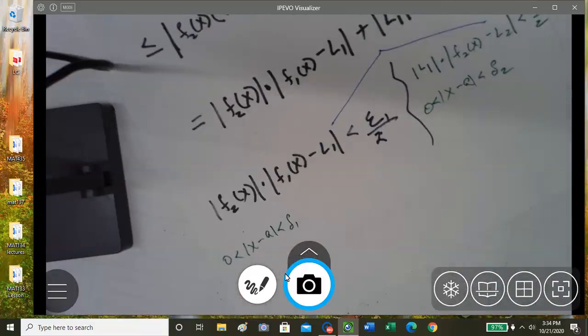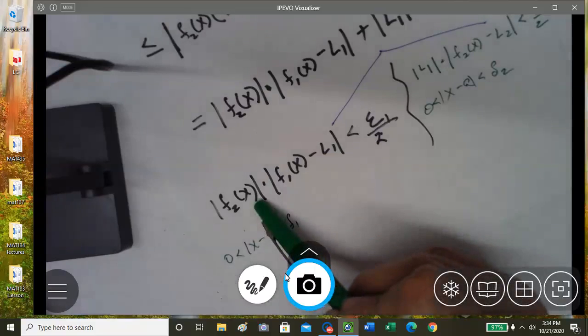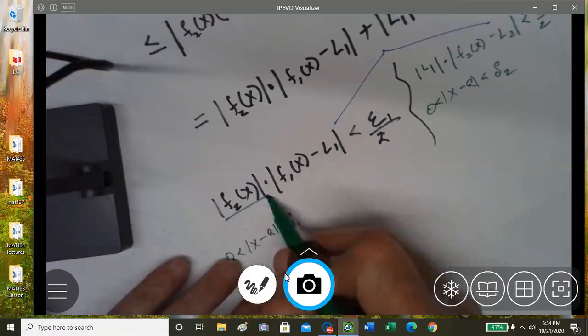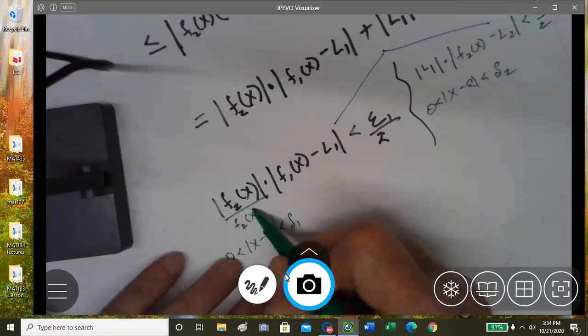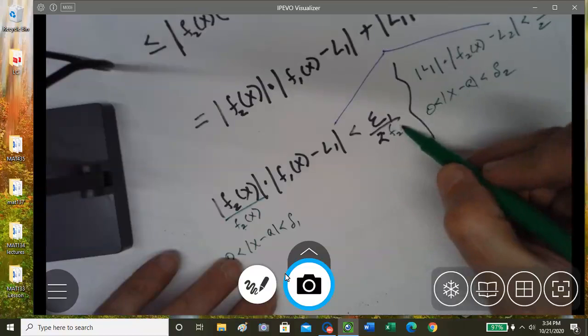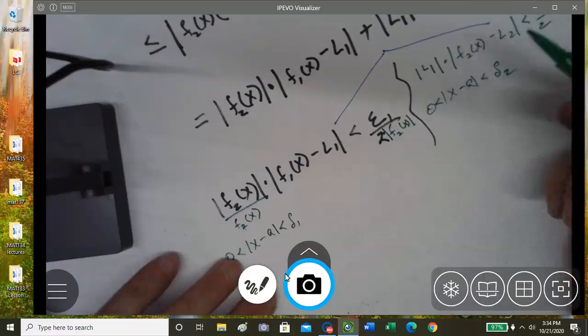Okay, so here we're going to divide f2(x) to both sides, so we move over f2(x), and the absolute value is moving in.